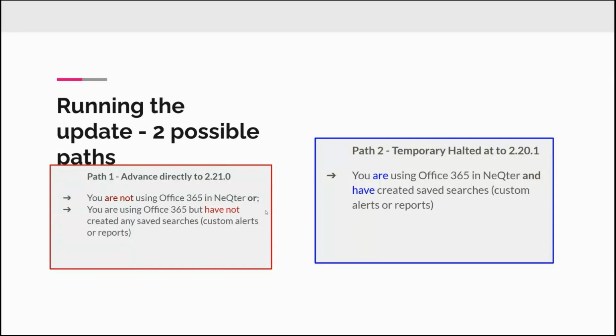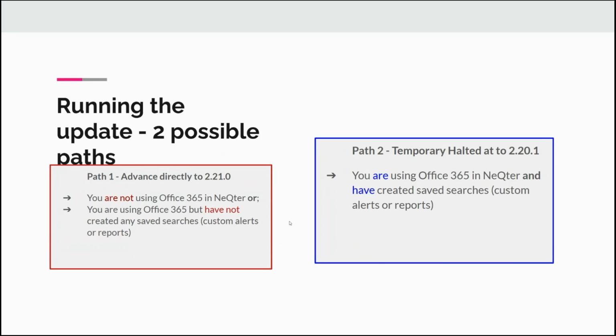Path 1 is advance directly to 2.21, and this is if you are not using 365 in NeQter, or you are using 365 but you haven't created any saved searches, so you're not using any custom alerts or reports.